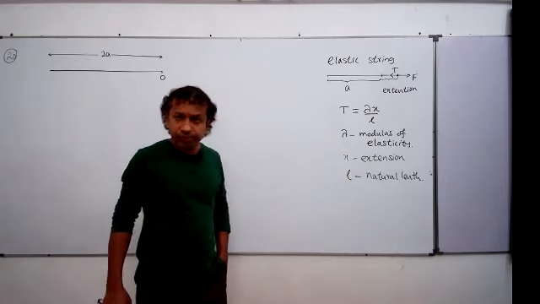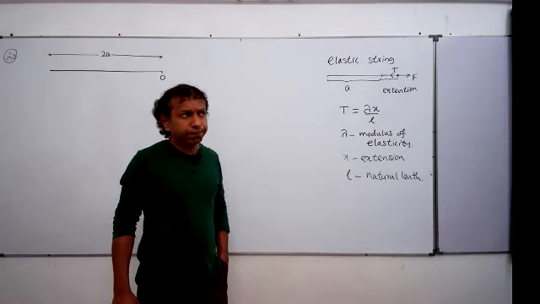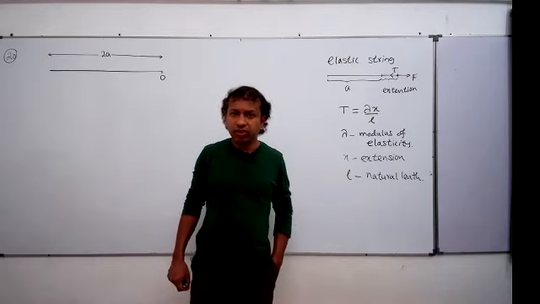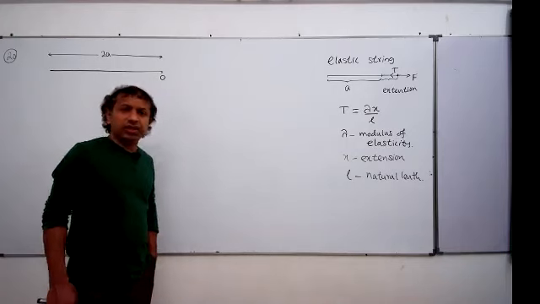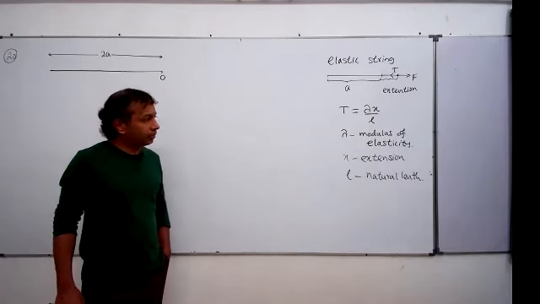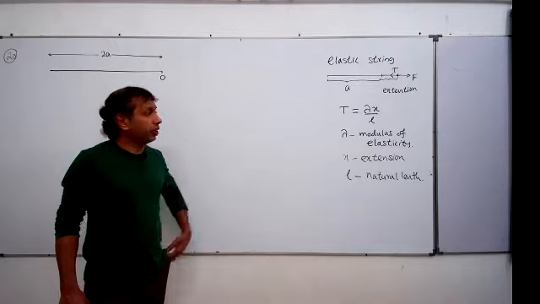You have learned this in physics under elasticity, in another way, in the sense of another name. Lambda is in this case the modulus of elasticity, x is the extension.